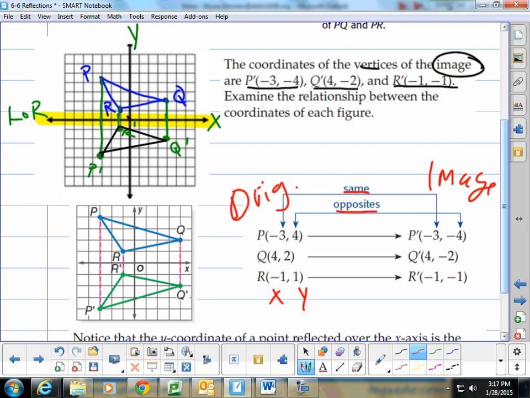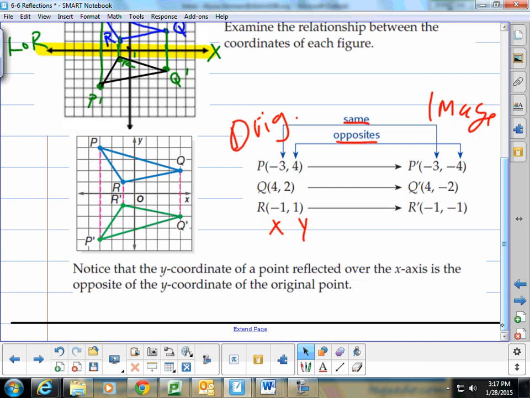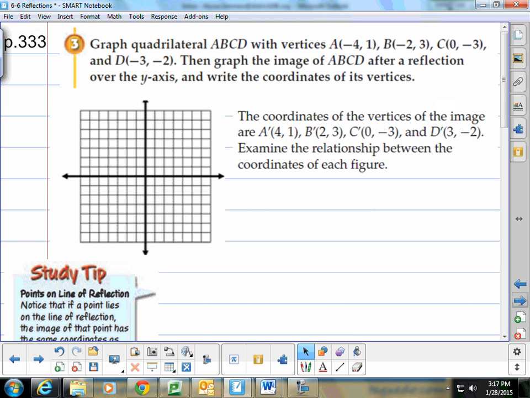So what this tells you is that the y coordinate of the point reflected over the x-axis is opposite of the y coordinate of the original input. So when flipping over the x, the y changes. So if you want to write that down somewhere, flipping over the x-axis, the y coordinate changes. Seems a little backwards, but it will remain true, and we'll show you its opposite result next.